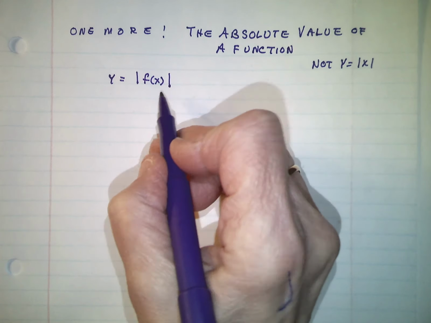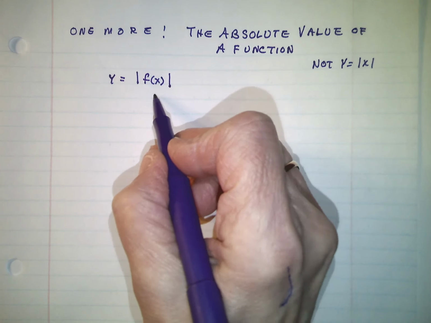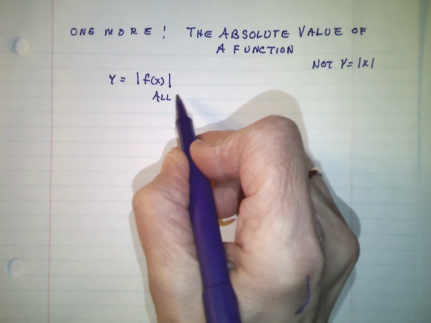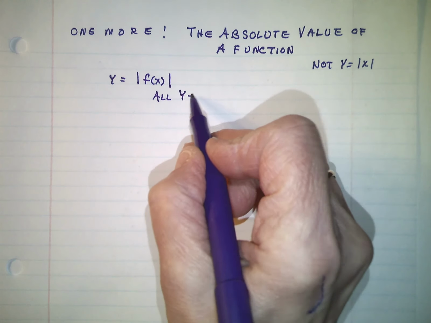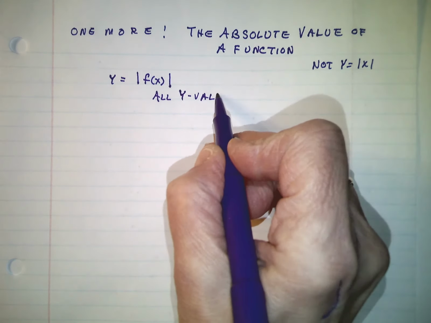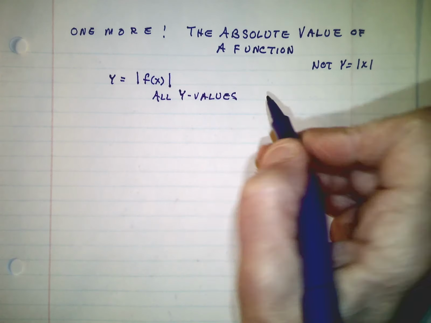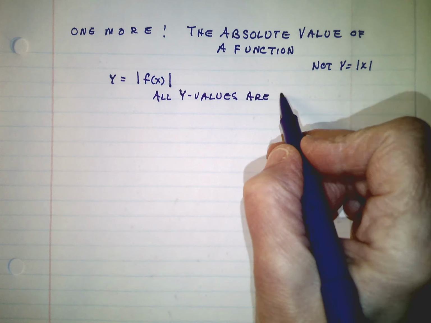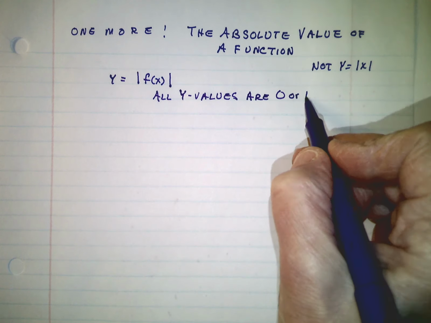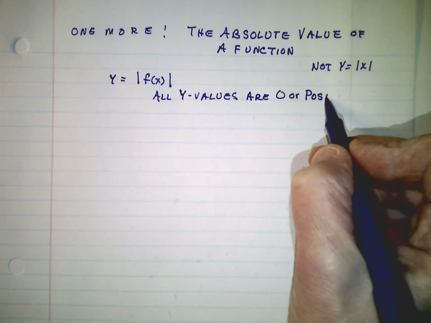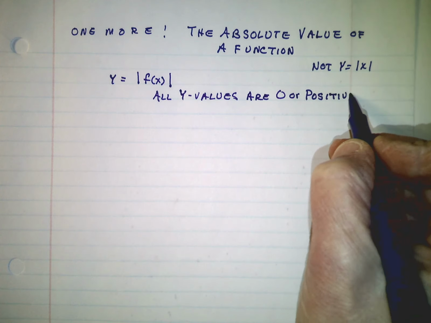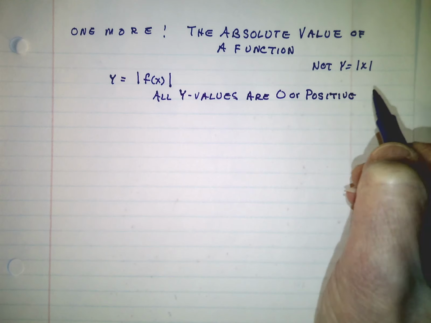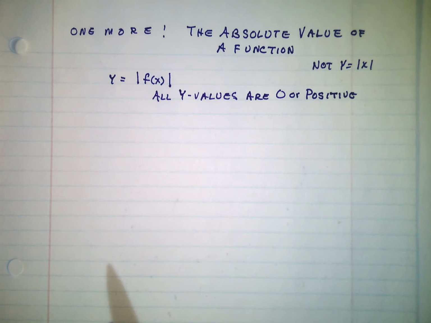And if you look at that, you may realize that this means all the y values must be either 0 or positive. You can't have any negative y values. So it is literally a very positive function.